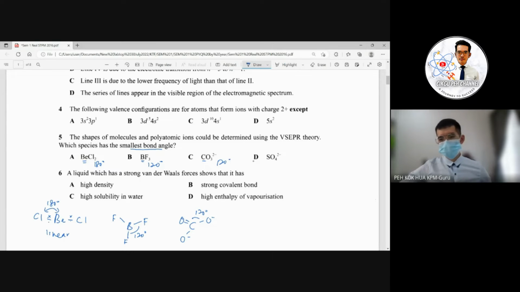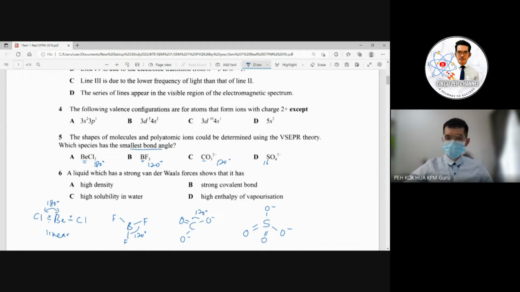Then the last here will be the SO4 2- ion. Okay, so here sulfur will be group 16. So we draw it like this, double bond here and double bond here.